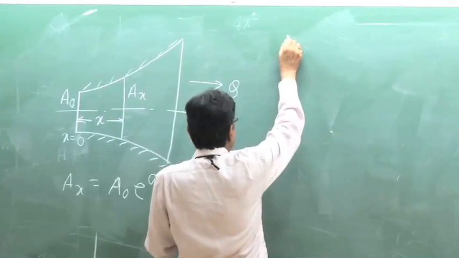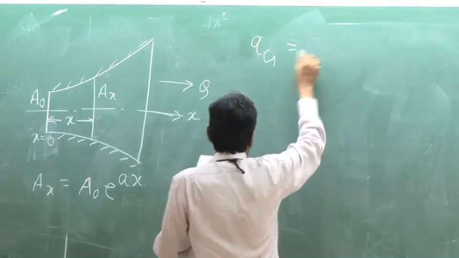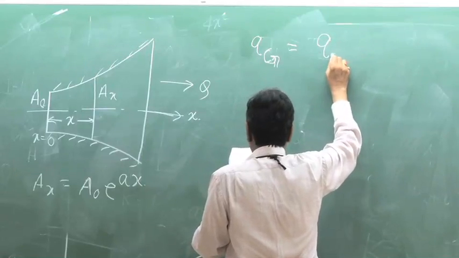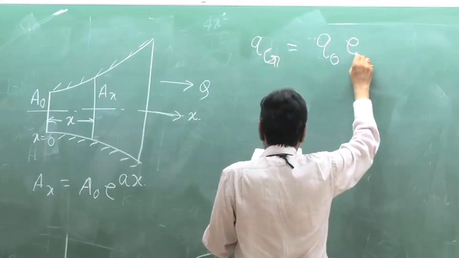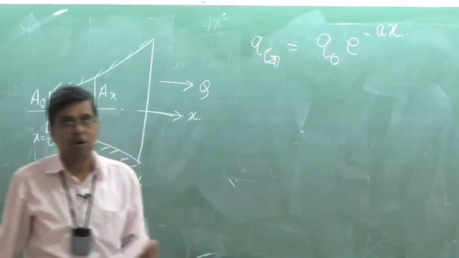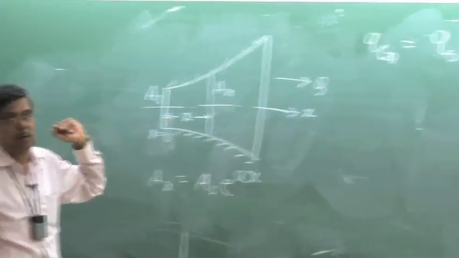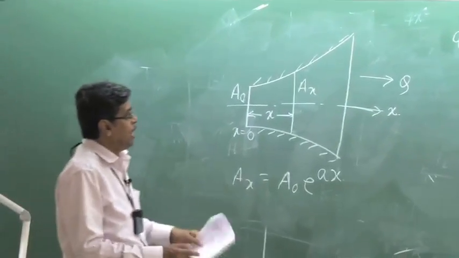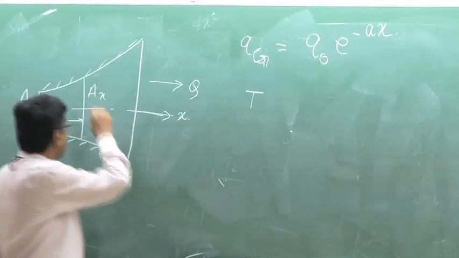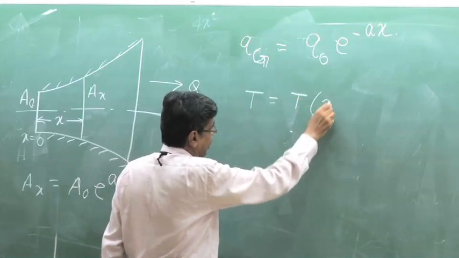So the heat generation rate is Qg equal to Q0 e to the power something. There is a volumetric heat generation rate which is a function of x only. It is a one-dimensional problem. As I told, whether you take the cross-sectionally averaged temperature or a temperature uniform over the cross-section, T is a function of x.